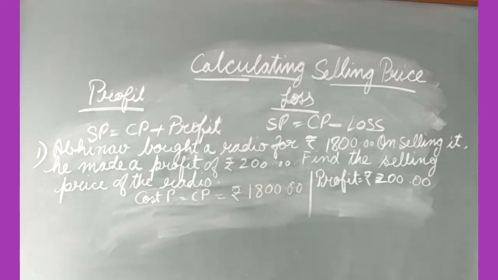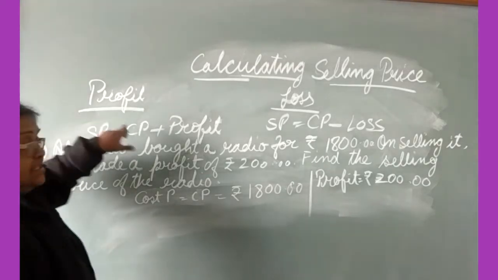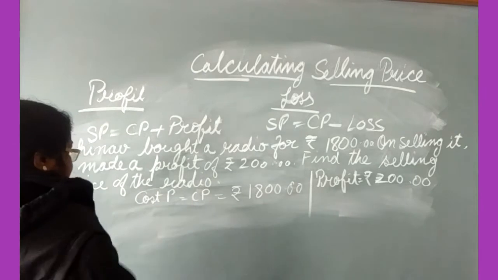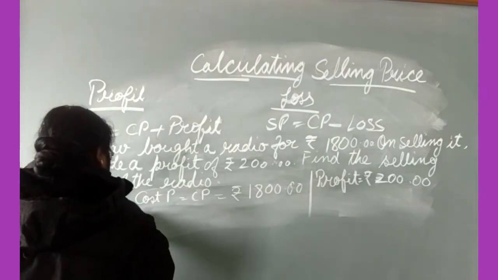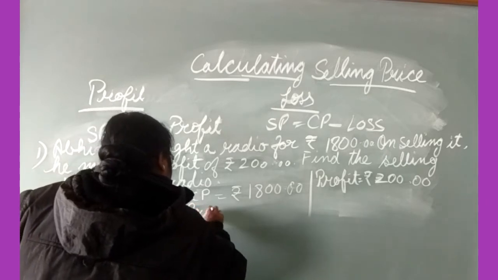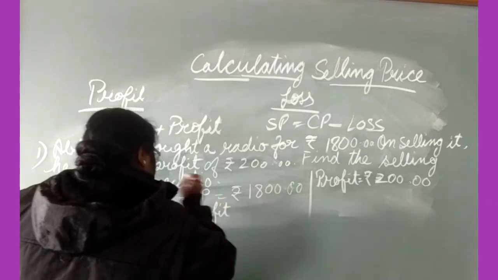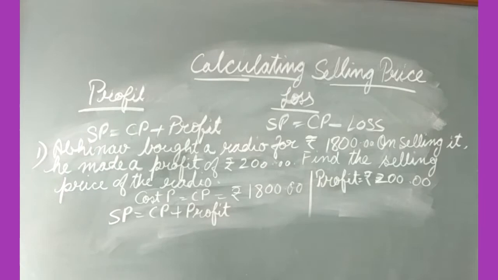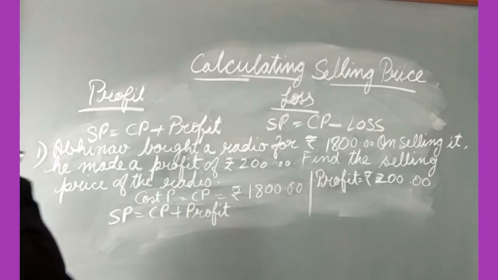Now which formula will you use? Two formulas are written there. When profit is there, you will use this formula. So what is the formula? SP equal to CP plus profit. Now what is the CP here?